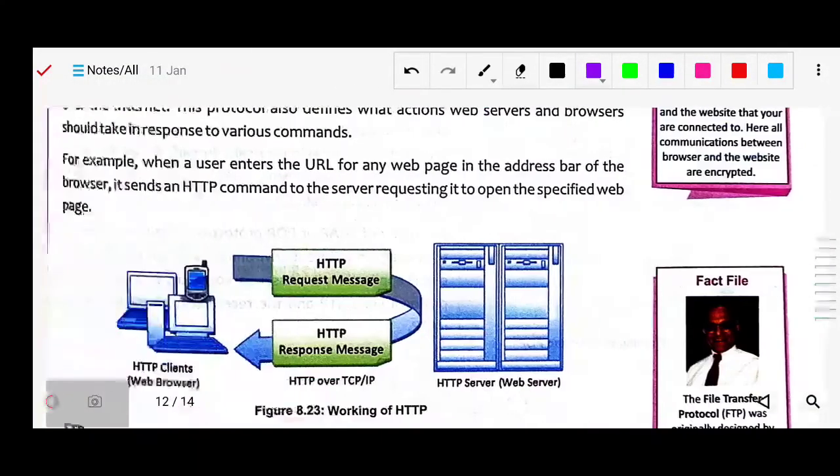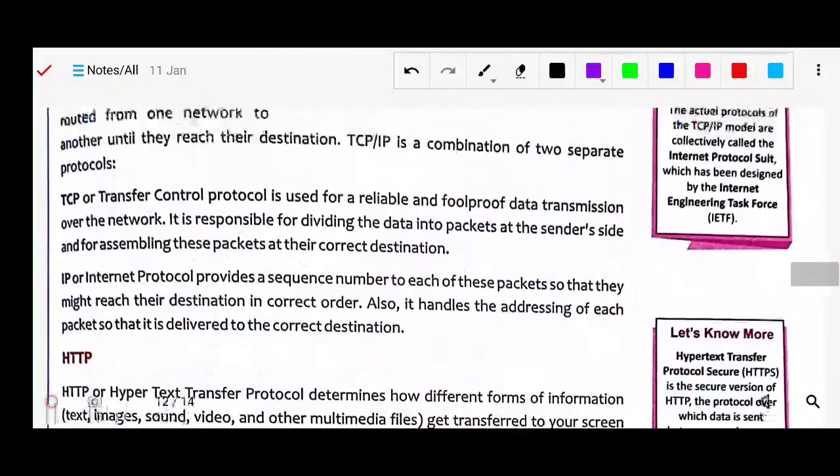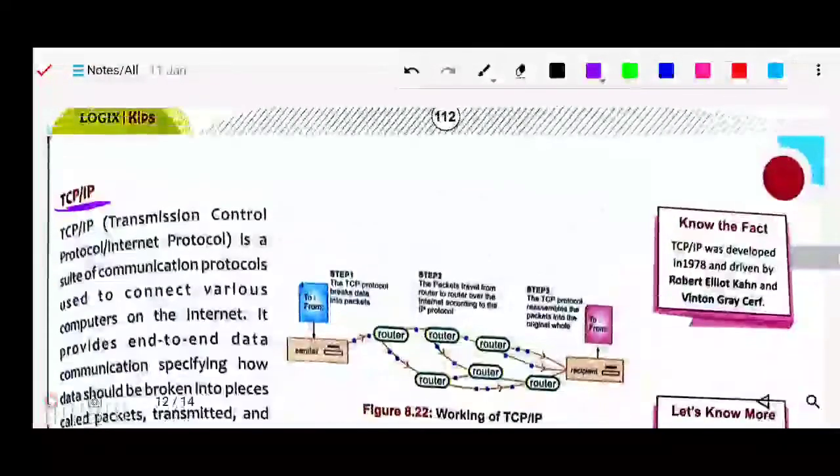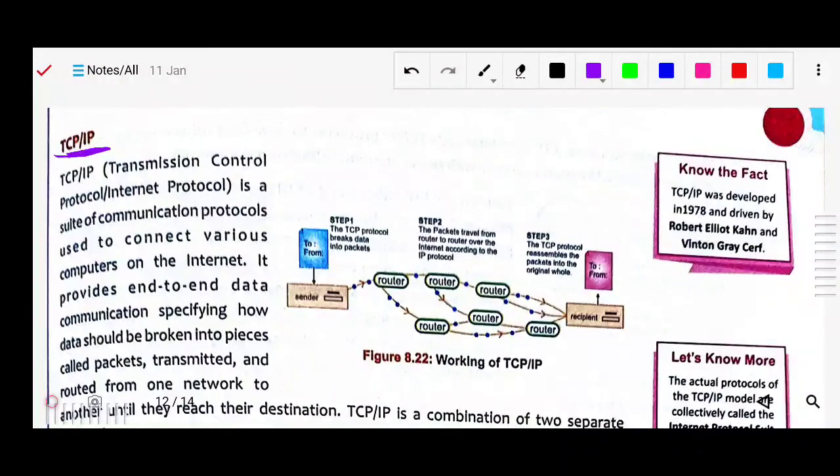Now first of all we are going to see the TCP protocol. Here first see the facts. TCP was developed in 1978 and driven by Robert Elliott Kahn and Winton Gray Crabb. This is the working architecture of the TCP protocol.